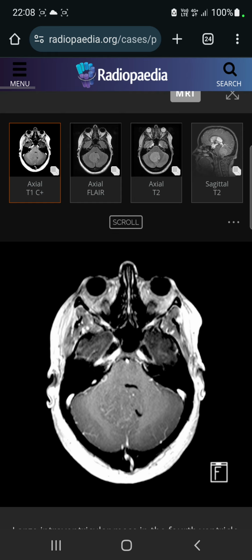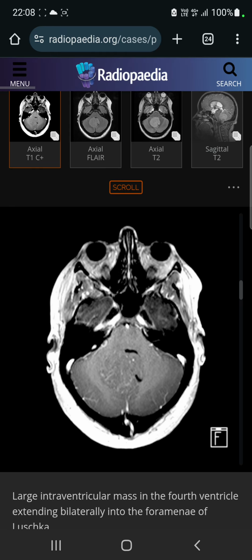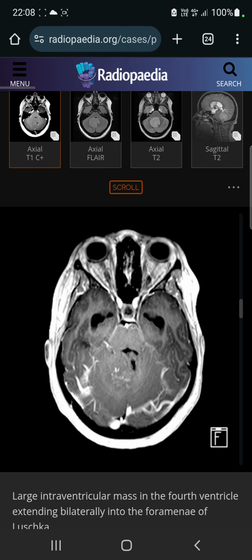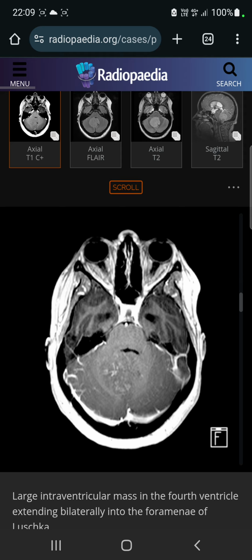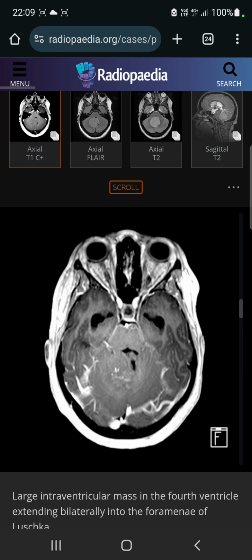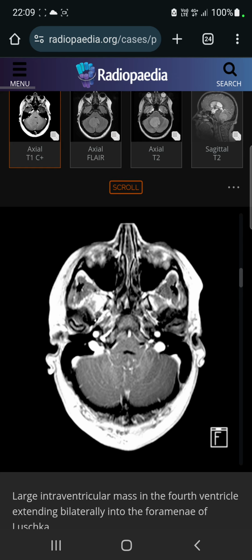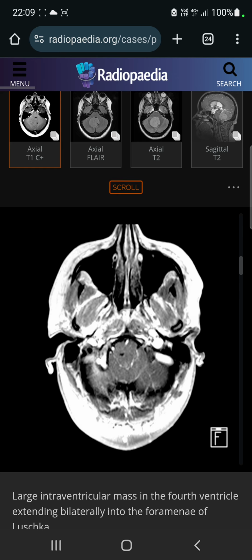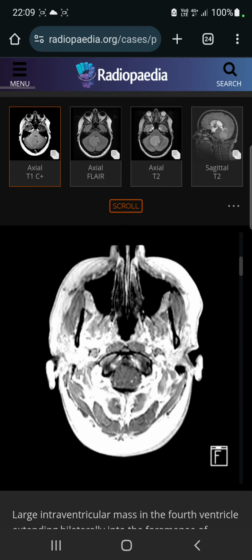This is not the best sequence, but as you can see, it enhances heterogeneously. Some of it is a little bit hyperintense, some of it is more hypointense. It's quite heterogeneous, but without gadolinium it won't enhance. It will be isointense.